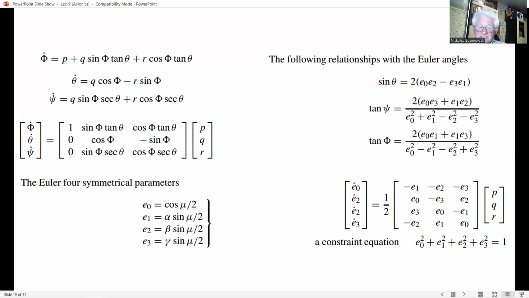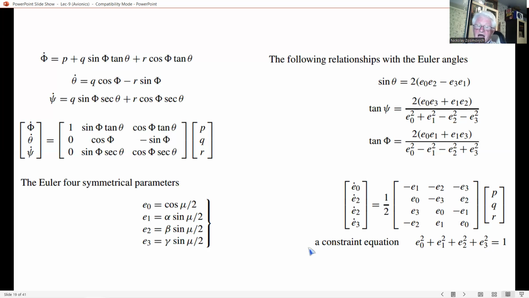The following relationship with the Euler angles can be derived as these three expressions: for sine theta, for tangent psi, and tangent phi. It's maybe a bit boring expression, but you should only understand it. No need to memorize. Okay. And this can be shown as a matrix expression here.